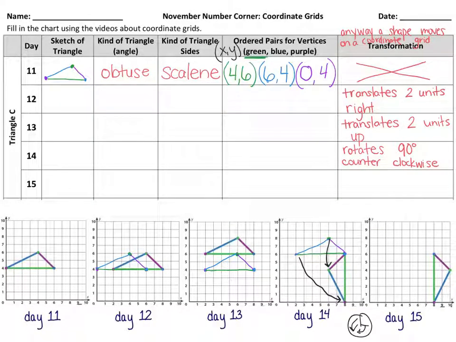And lastly, from day 14 to day 15, we're looking at how our triangle has moved. And some of you might be able to see it, but we're still going to plot the points. So we started off, our green point was at 6, 4. So we go 6, 4.